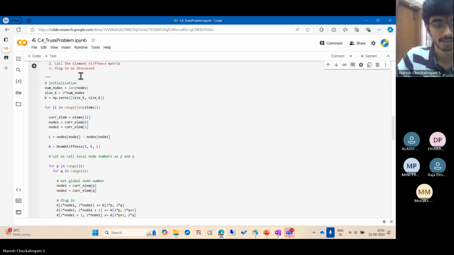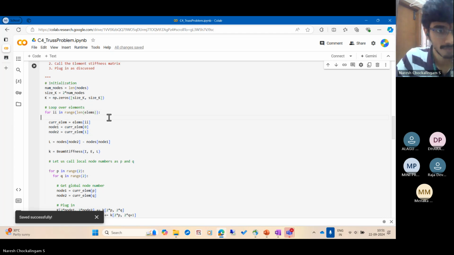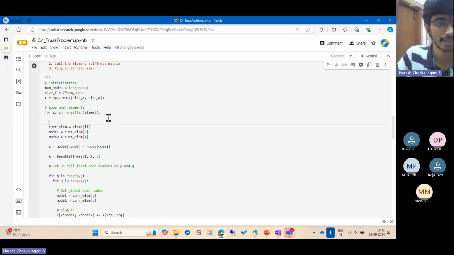Next, we are looping over all elements. What did we do last time? We called something the current element, so we deal with the current element. We found node 1 and node 2 of the current element.